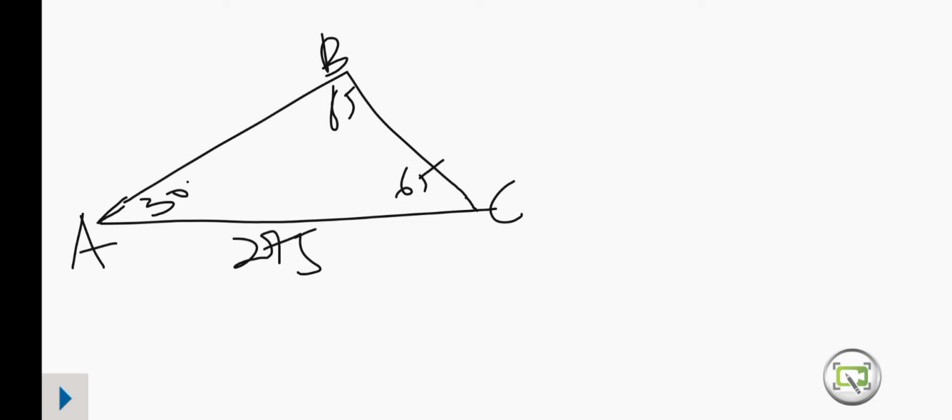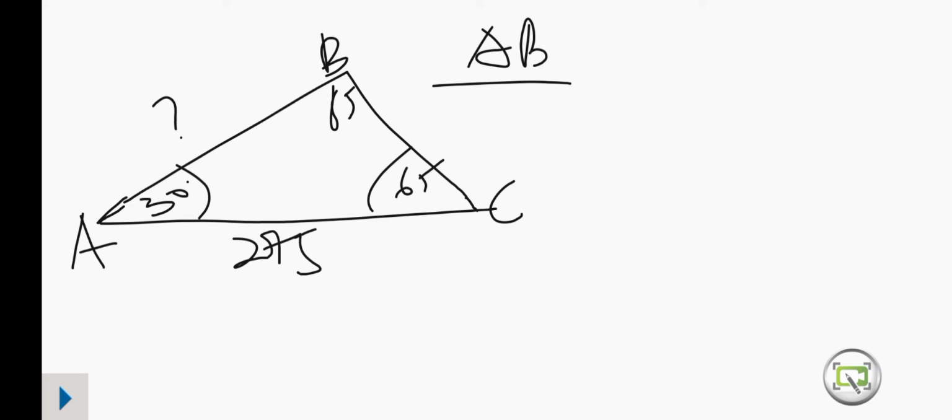Using the sine rule, let's first look for AB. We pick the angle projecting AB, and that is C. Always, the angle opposite the length is the angle of projection.